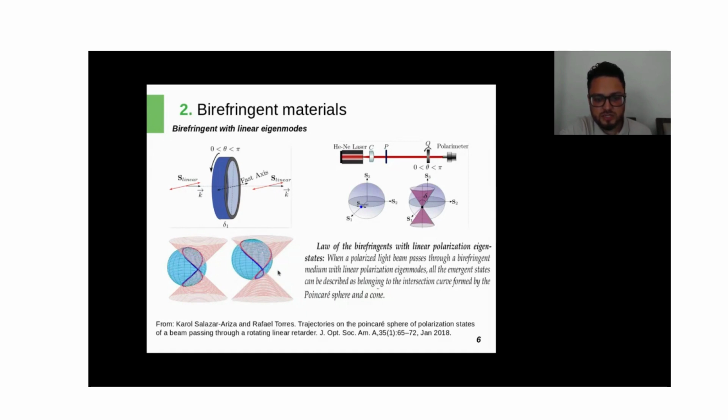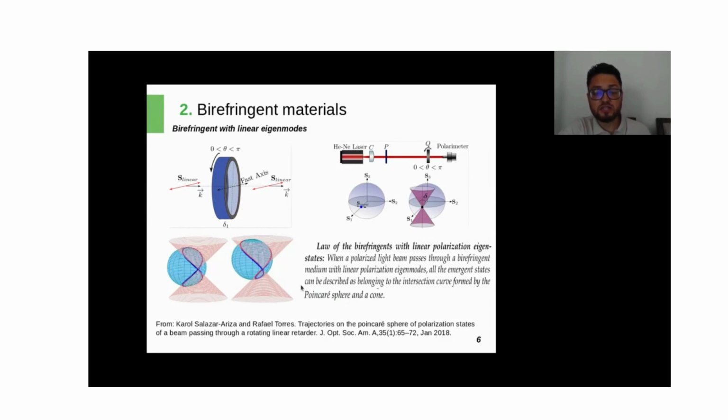For example, they could be described as the intersection curve formed by the Poincare sphere and a cone, and the angle of the cone is the phase birefringence of the materials.